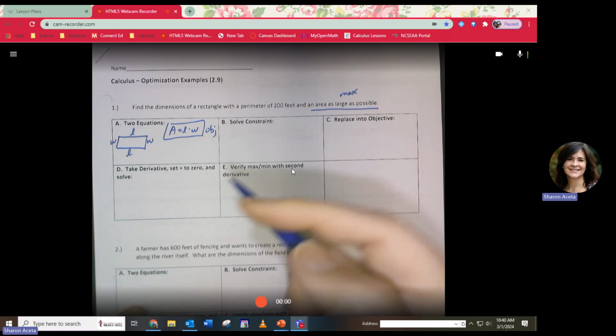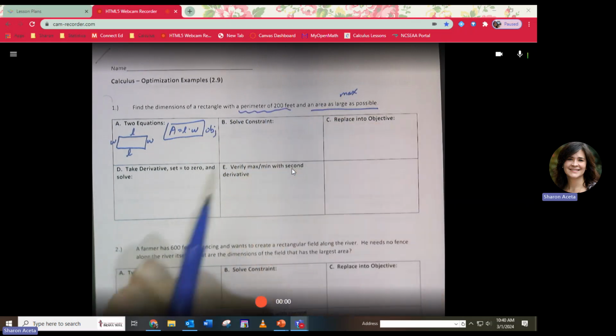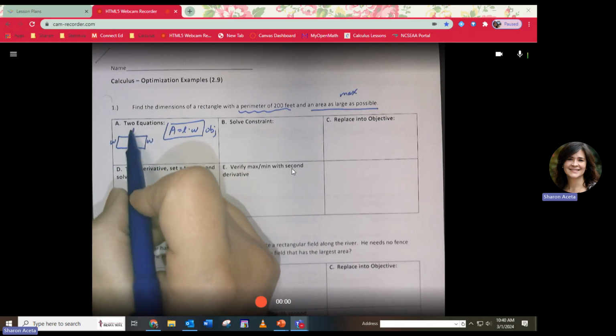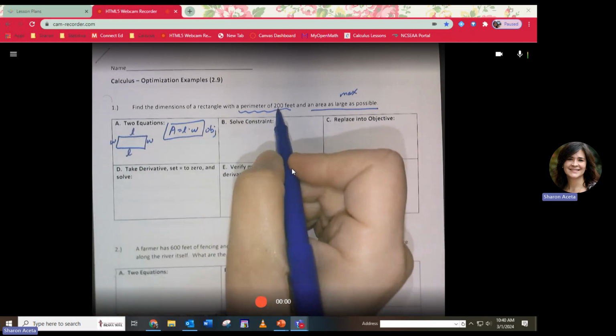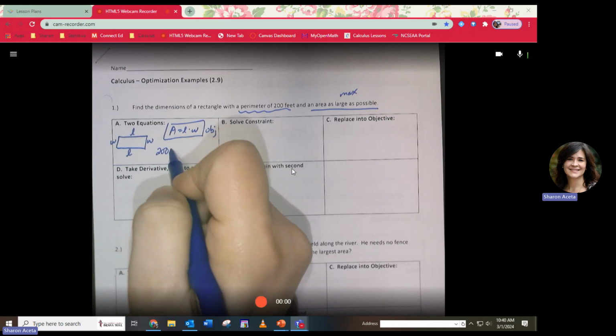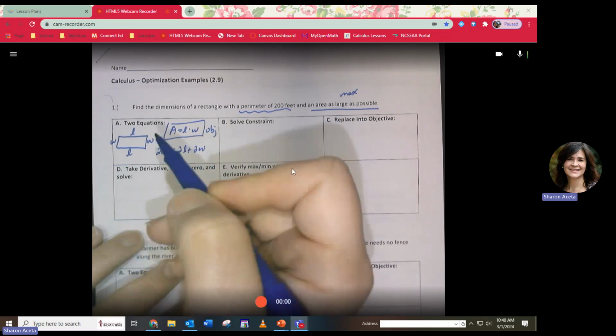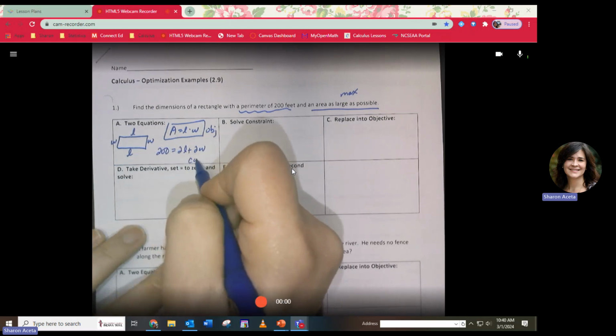So the other piece of information we know about is the perimeter. Remember, perimeter means walking around here, so 2L plus 2W. But if we know the perimeter is 200, we're going to say 200 equals 2L plus 2W. This equation is called the constraint.